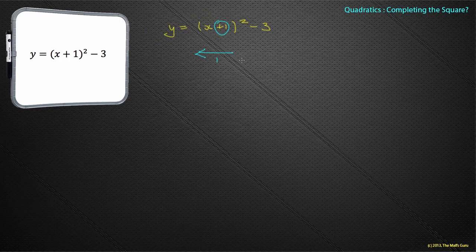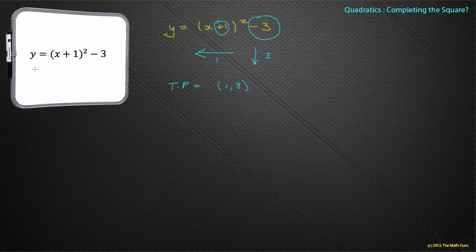This minus 3 tells us that this is a vertical shift, so a minus 3 would move it down 3 points. So our turning point on this graph would be at the coordinate position (-1, -3), and it would be a minimum because this graph doesn't have a negative sign in front of it.